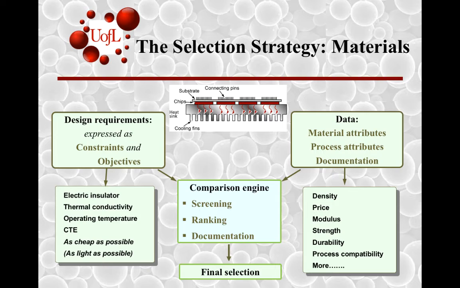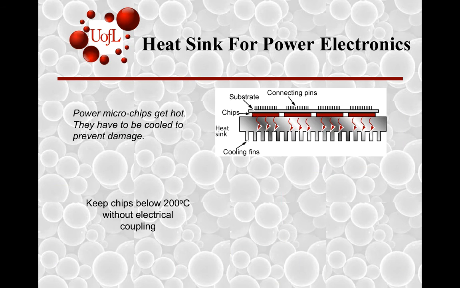From that, we begin to get a final selection. So you can see that compared to other kinds of problems that you might have solved in a design situation, you typically have a number of different open-ended options or solutions from which you have to use a judgment.